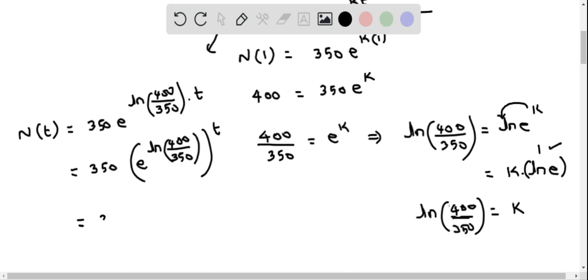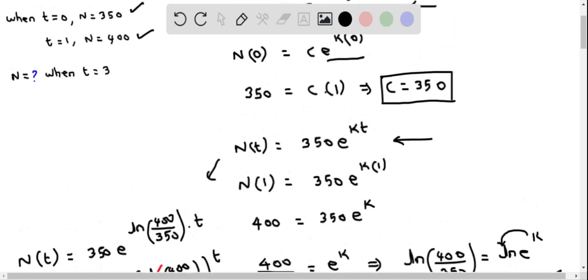So this equals 350. Observe that e and natural logarithm are inverse to each other. So this e and this natural logarithm cancel out, leaving us 400 divided by 350 to the power t. So this is the simplified expression for n of t.